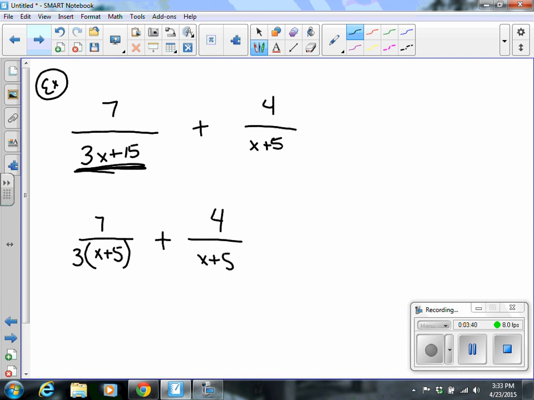Now this makes it a little bit easier in the sense that I want to get that 3(x+5) in the denominator. So in this case, because I already have an x plus 5, I need that 3. So I'm only going to move it over to this side. I don't have to do anything to the other side.